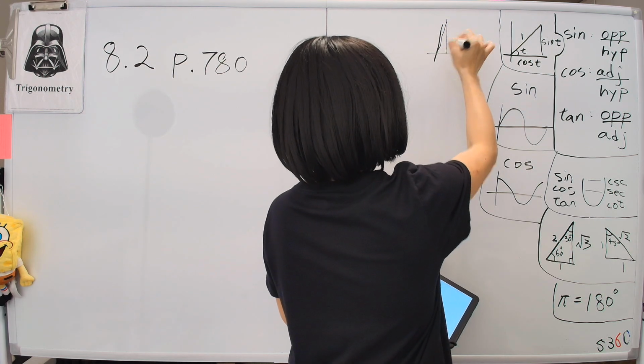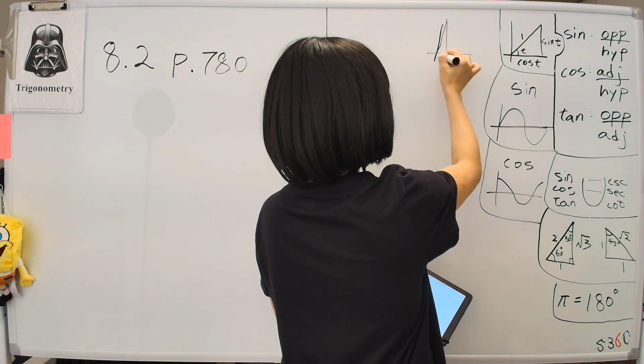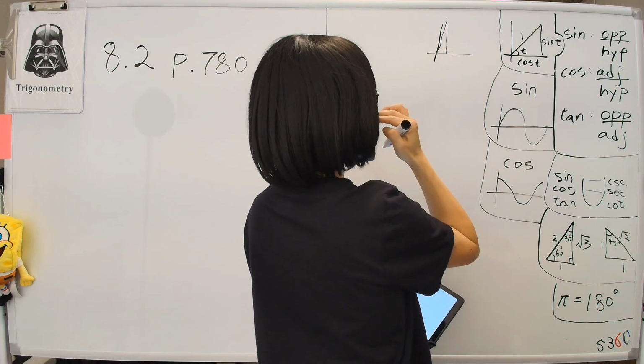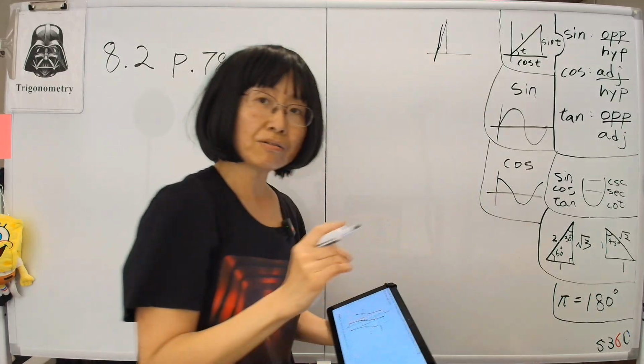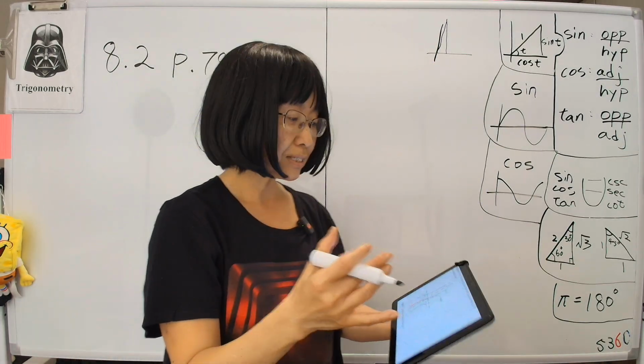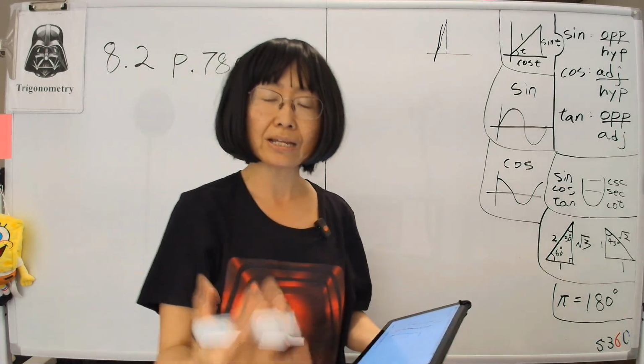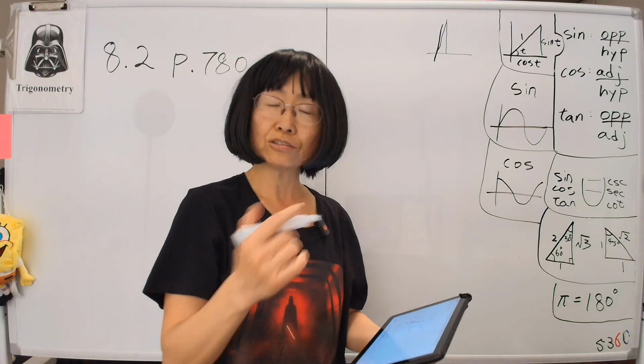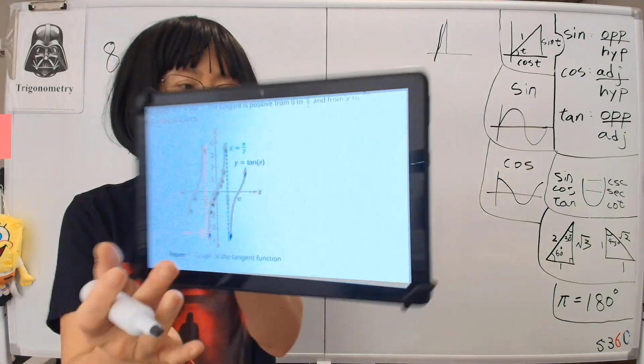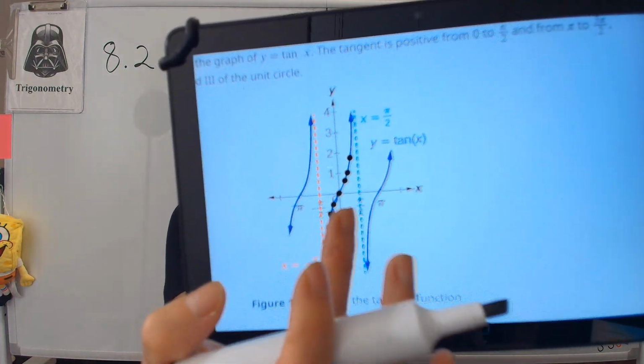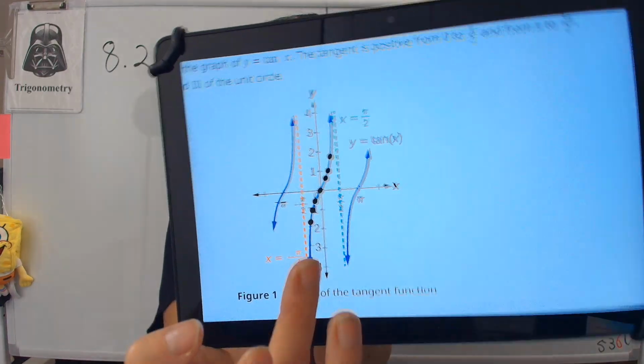So it has a long vertical line but very little horizontal line. As a result, the tangent will go to what we call undefined, or we can also say it goes to positive infinity on the one side as x approaches pi over 2. See, it has an asymptote there.